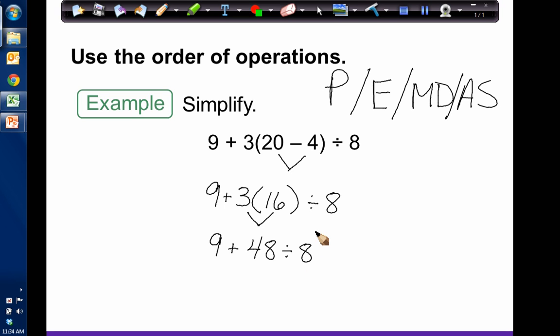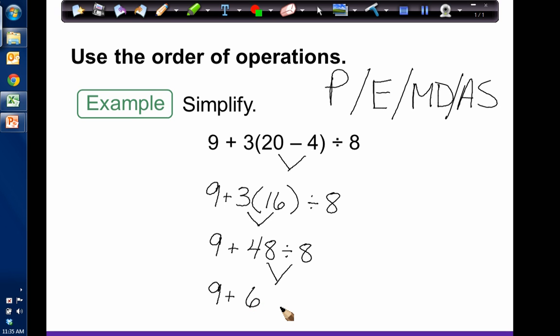Okay, good. And so we're going to continue. We don't have parentheses, we don't have exponents, but we still do have multiplication and division. We did this, so the next thing in order from left to right is 48 divided by 8. So we'll copy down the 9 plus 48 divided by 8 is 6.